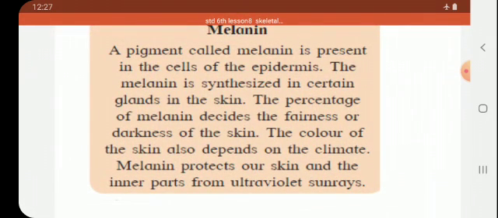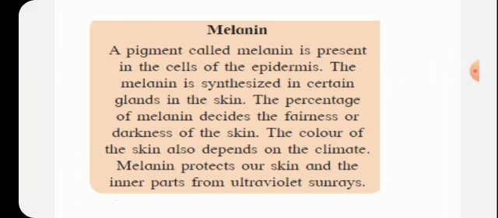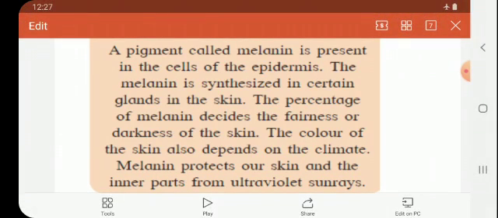Children, this is all about the lesson. See here, come to page number 63. Observe the skin of yours and your grandmother. See here, the grandmother is shown. What difference do you find? As we grow older, the proportion of fat beneath the skin reduces, and thus the skin shrinks.